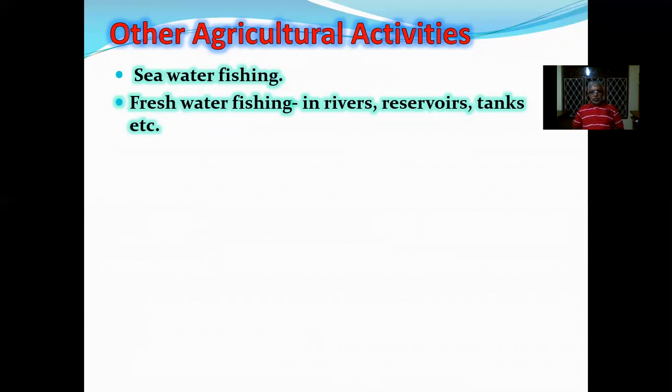Then you know that several reservoirs can be found in Sri Lanka, especially under the Mahaweli project. You find them when you take a map. Victoria, Randenigala, Kotmale, Maduru Oya, some of them. Then tanks. Tanks of different sizes can be found.